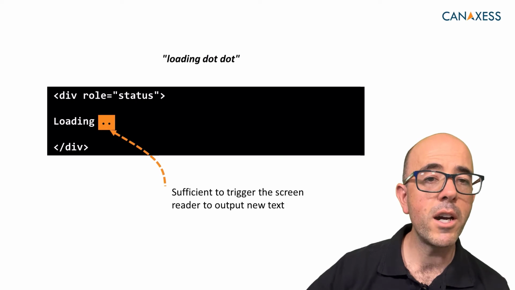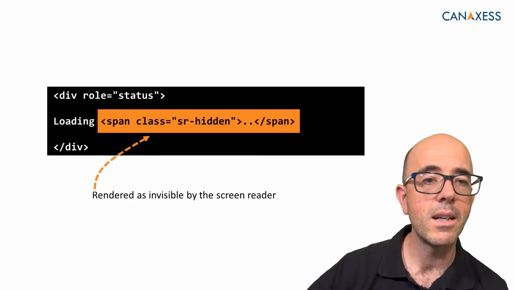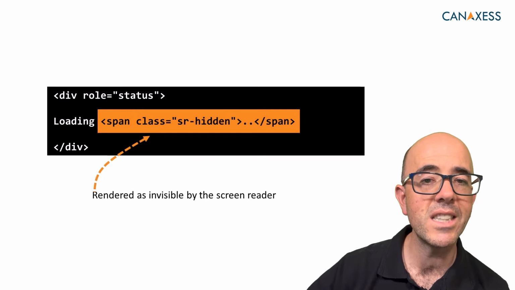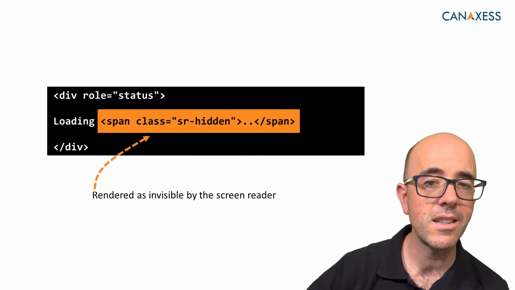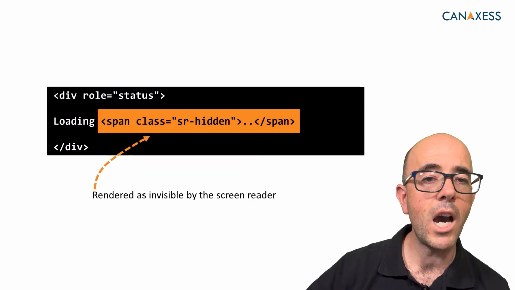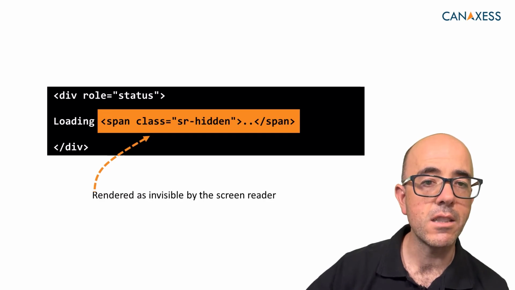To overcome this minor inconvenience, we could try and retain the loading text but hide the ellipsis from the screen reader. But using CSS to hide the ellipsis is also insufficient to trigger a change. These are rendered as invisible by the screen reader, and we're ultimately back to our original position, where to the screen reader at least nothing has changed.